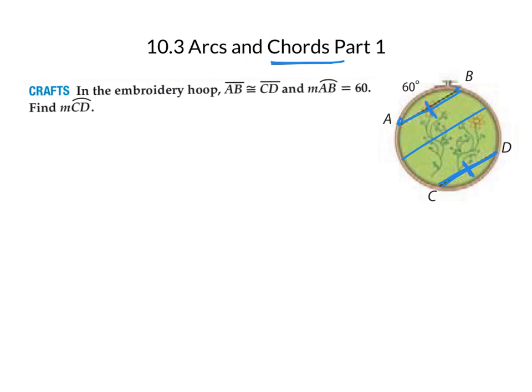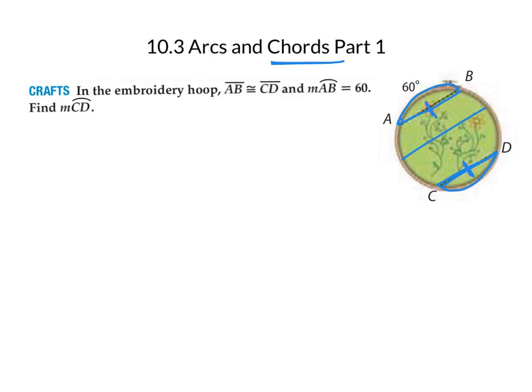So this arc AB is congruent to this arc CD because the chords are congruent. That works in any circle. If you have two congruent chords, the arcs will be congruent, and vice versa. If the arcs are congruent, then the chords are congruent.